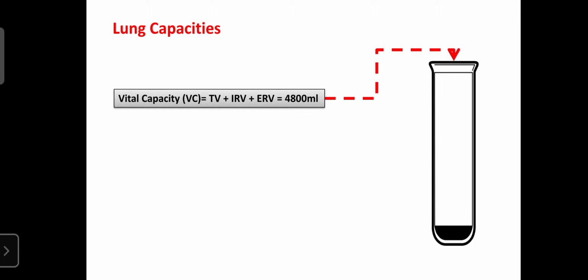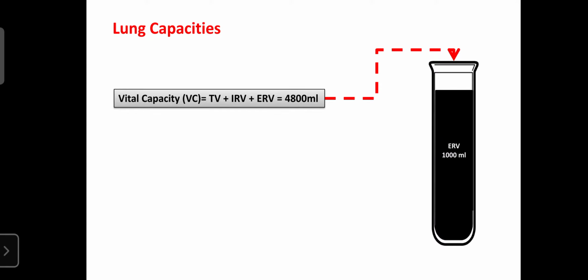The vital capacity is calculated as the tidal volume, 500 ml, plus the inspiratory reserve volume, 3300 ml, plus the expiratory reserve volume, 1000 ml, and the total is 4800 ml. That is the maximum volume of air expelled from the lungs after a maximum inhalation.